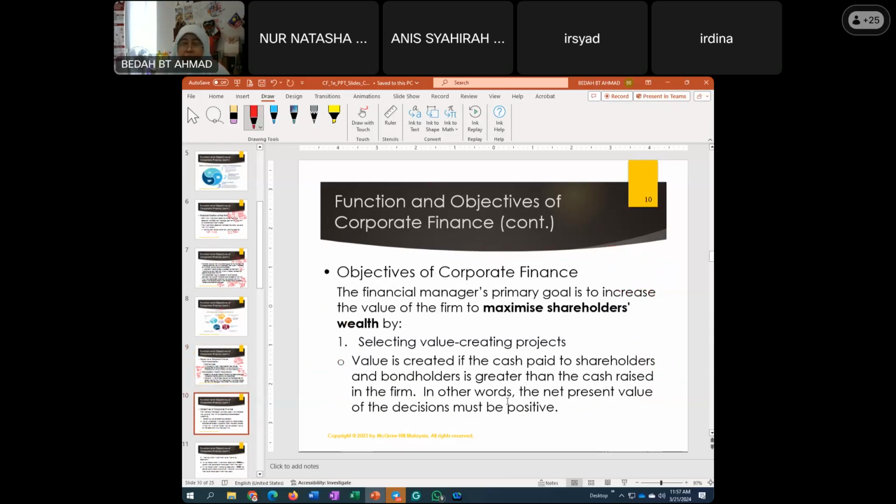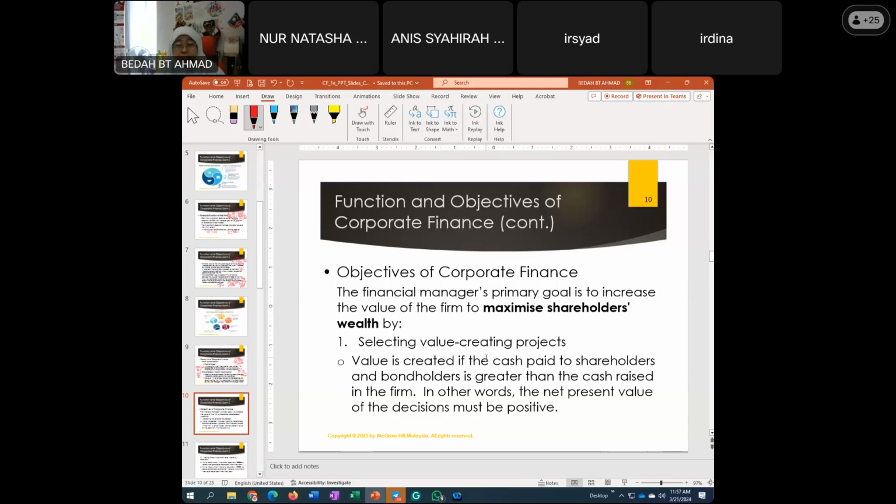Okay, so as I mentioned, the decisions of the firm, which is represented by the board of directors and the management team, are very important. The financial manager's primary goal is to increase the value of the firm, and finally to maximize the shareholders' wealth by making decisions that select value-creating projects. That means if they want to venture into projects or investments, they must be very selective.